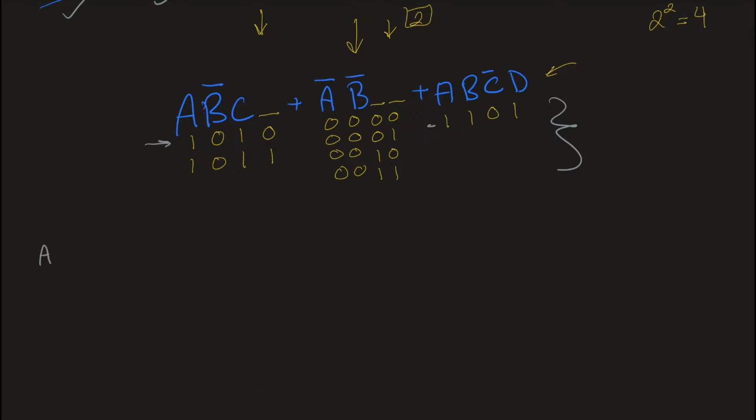For instance, the first one would be A, B naught, C, D naught, because it's 1, 0, 1, 0. The next one would be A, B naught, C, D, because 1, 0, 1, 1. And like I said, in the real world, I don't think you're ever going to have to do that, but if you take somebody else's class in the future and they ask you how to do that, even if you use a shortcut, you can still get the full equation if you want it.